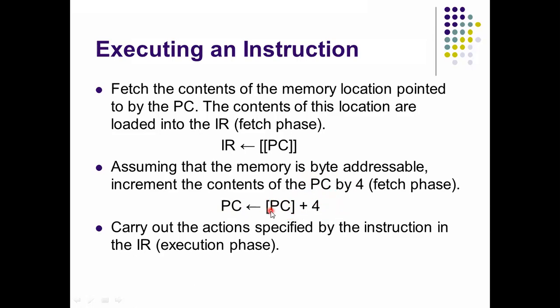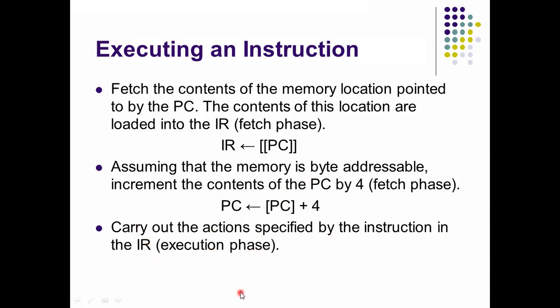Suppose the contents of PC are 2000, then 2000 plus 4 is 2004. If the contents are 2004, then 2004 plus 4 is 2008, which will be placed in PC now. Then carry out the actions specified by the instruction in the IR, the execution phase.